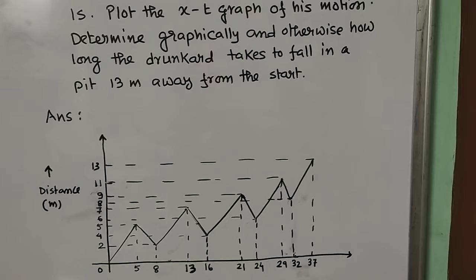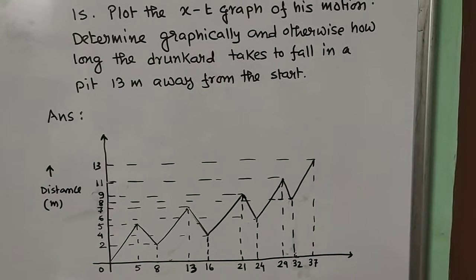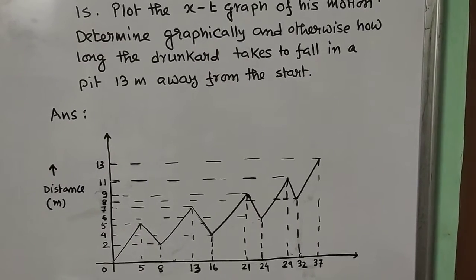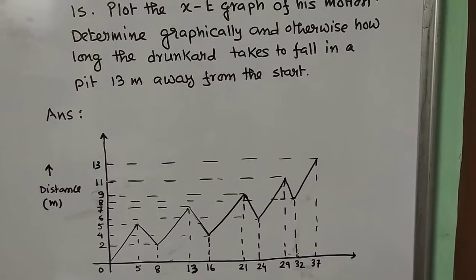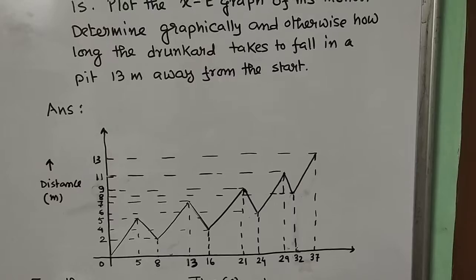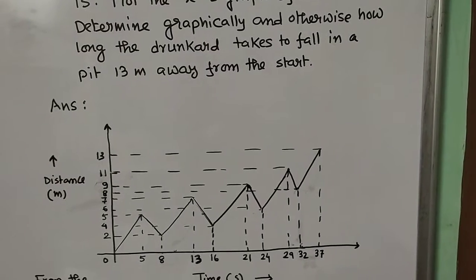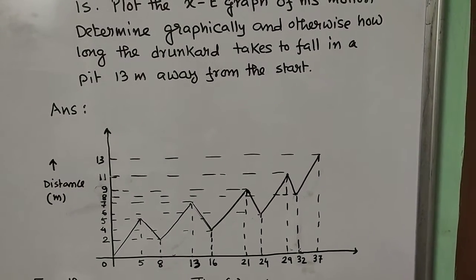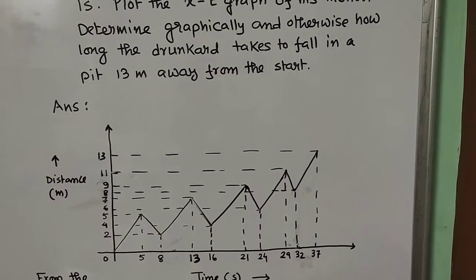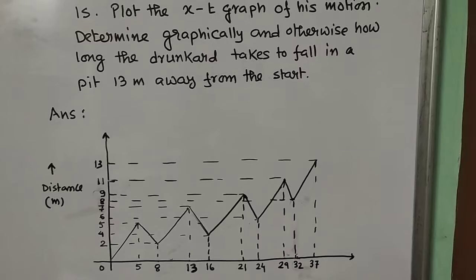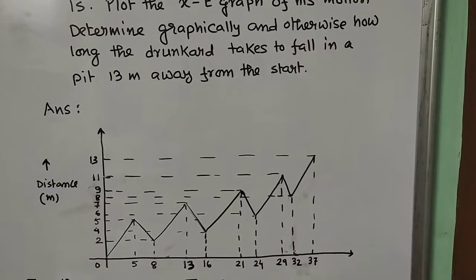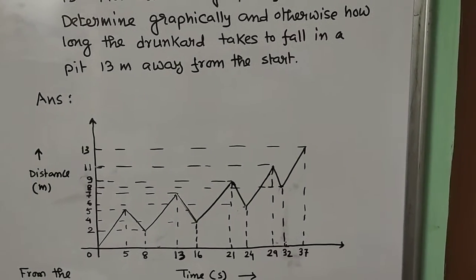So if the person moves 3 steps back, where does the person reach? The person reaches 2 meters from the starting point, because each step is 1 meter, and the time corresponds to 8 seconds, obviously, because 5 steps take 5 seconds, and after that 3 steps, so 5 plus 3 is 8.